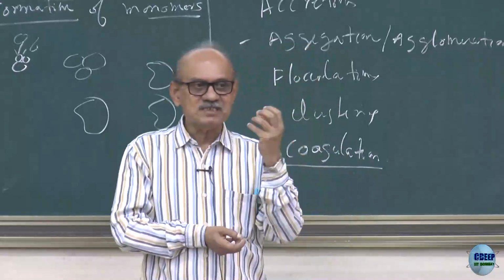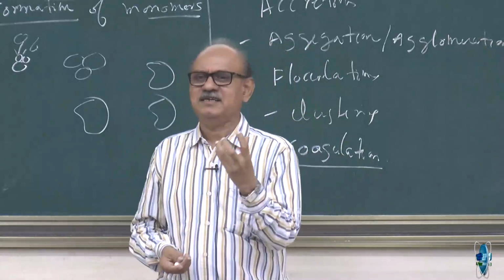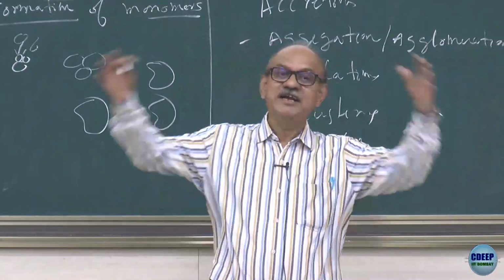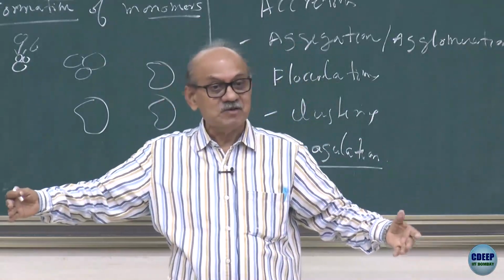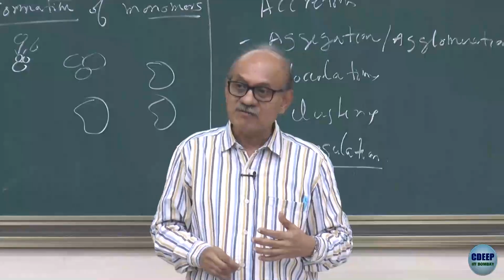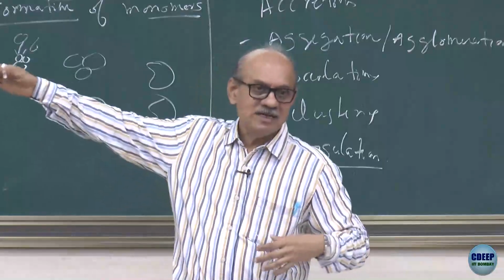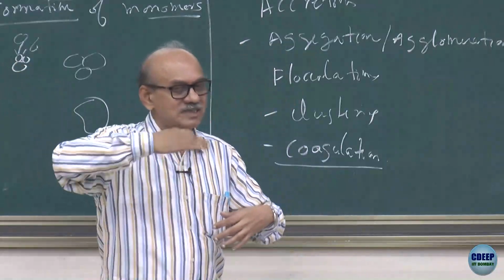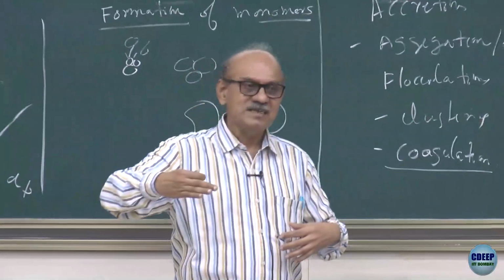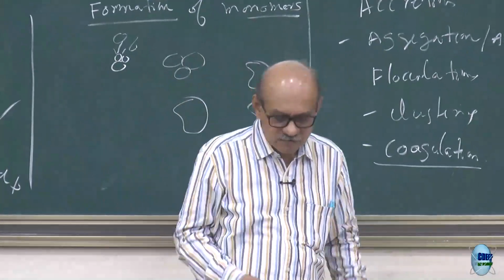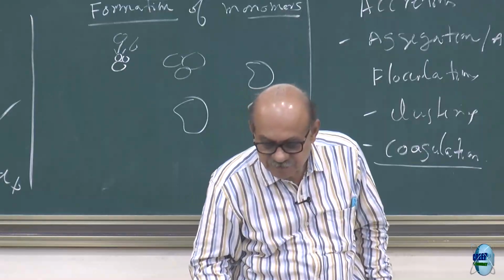So, even if you started with all monodispersed particles, eventually you will end up with polydispersity, because the rates at which particles will collide will have fluctuations, and that will lead to a size distribution. So, occurrence of size distribution partly is because of the process of coagulation.